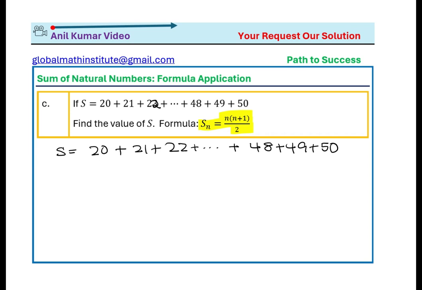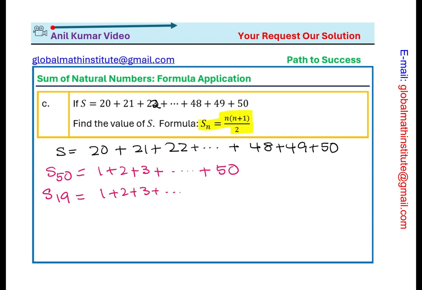Now, what you could do is you could find the sum of 50 terms, correct? Which is what? Which is 1 plus 2 plus 3 plus so on till 50. You will also find the sum of 19 terms, right? Which is 1 plus 2 plus 3 up to 19, right?